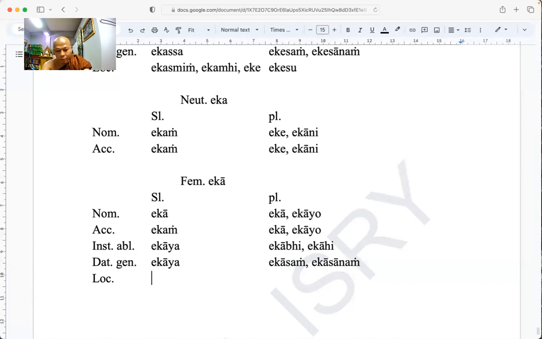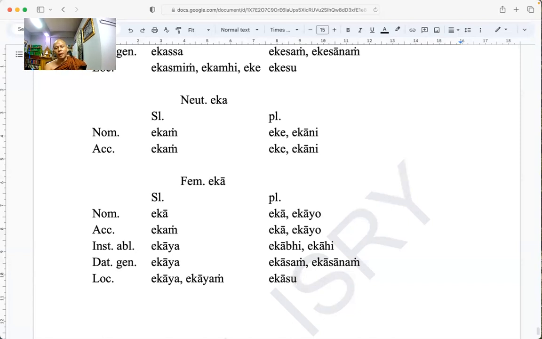For the locative, the common form is ekaya, and another form is ekayam. And then ekasu. That is very common.